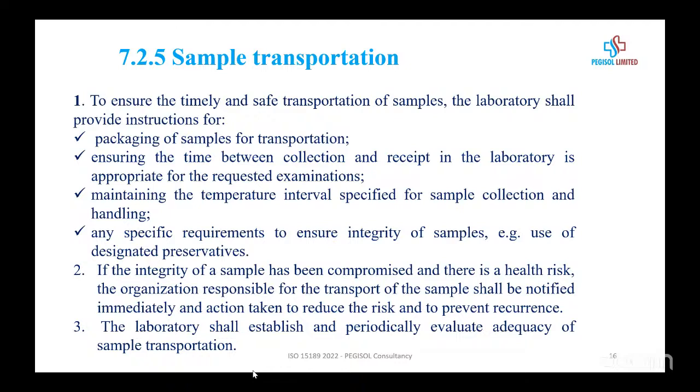Then we have the second packaging, like a leak-proof bag or container to package it. Then we have the outer packaging, like the rigid outer packaging. So those are what is known as triple packaging. Those are the way you transport infectious substances or biological agents when you are transporting them.